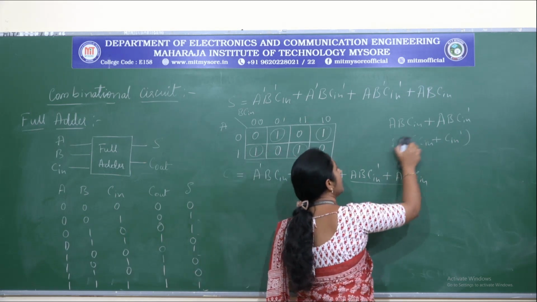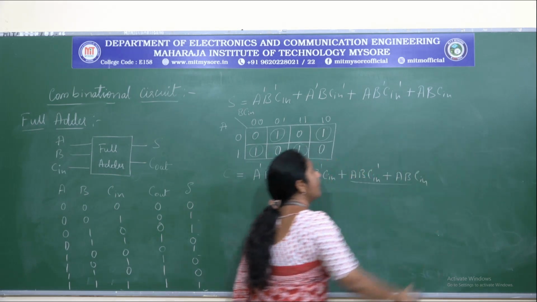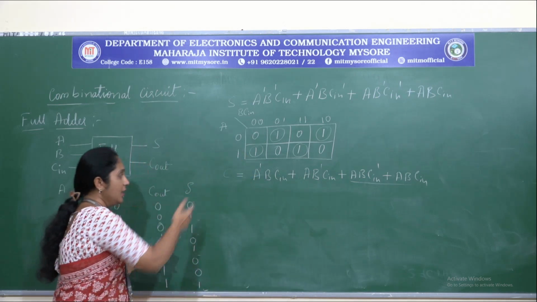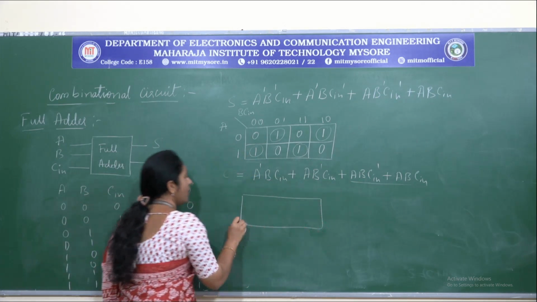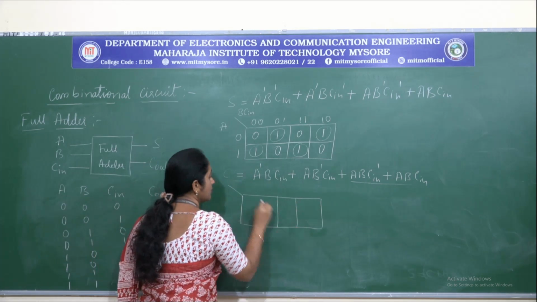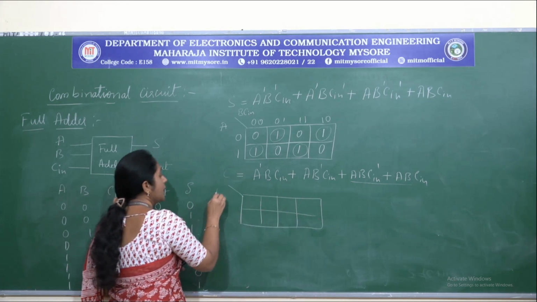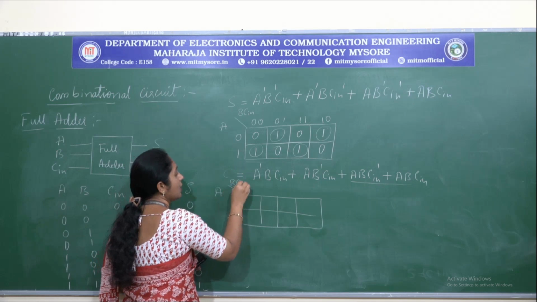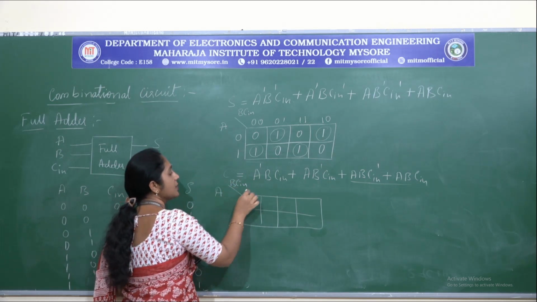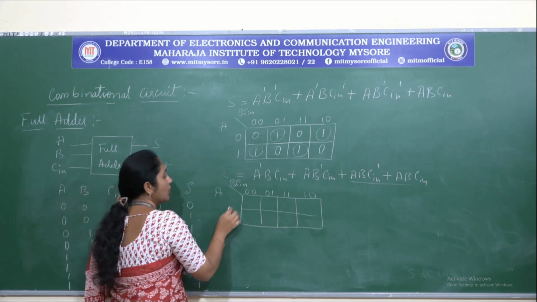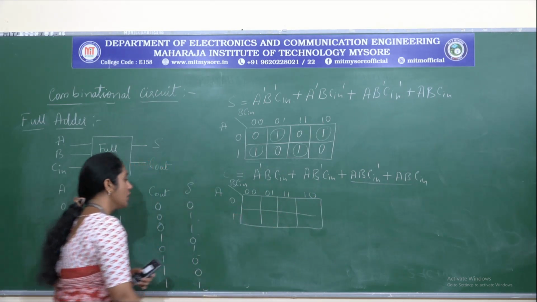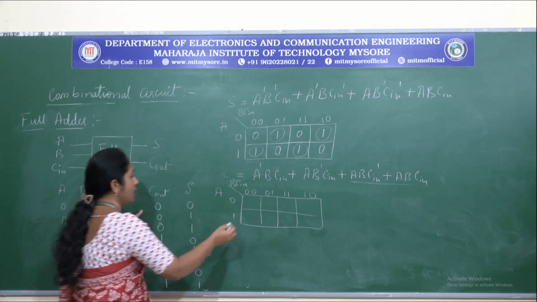So let us take the aid of the K-map in order to reduce the carry expression. Let me write the K-map for carry. A is written here, and these are the next 2 variables. Entries are 00, 01, 11, 10. Now let me write the entries.